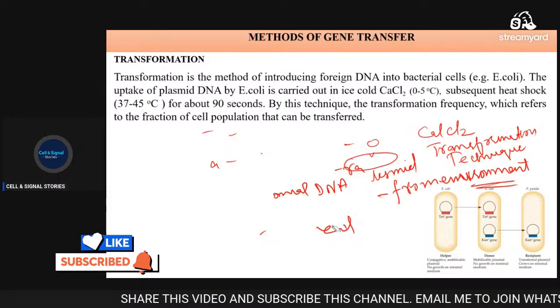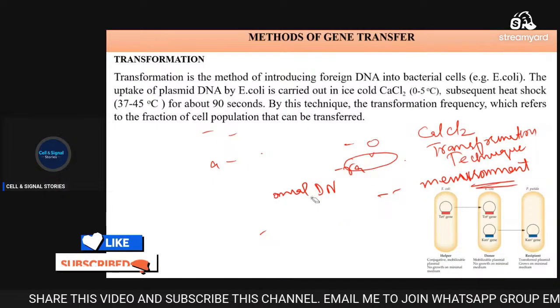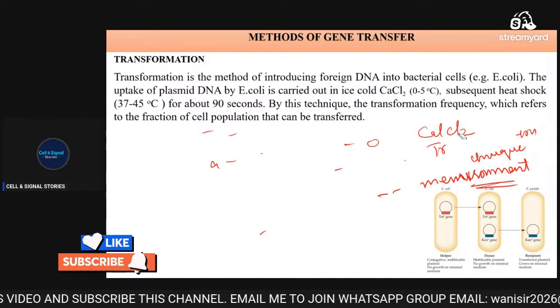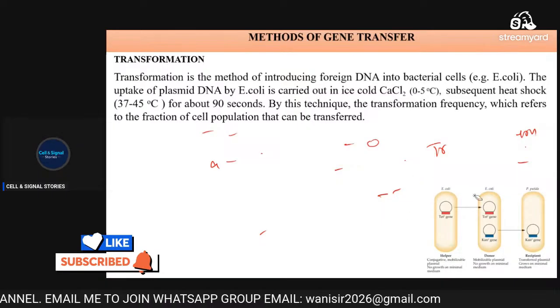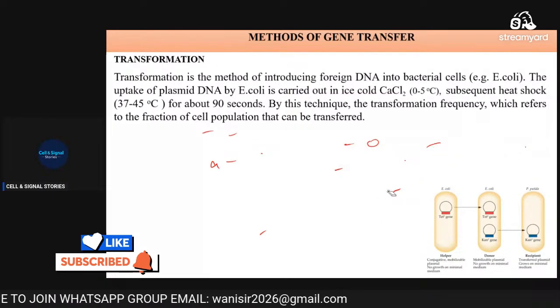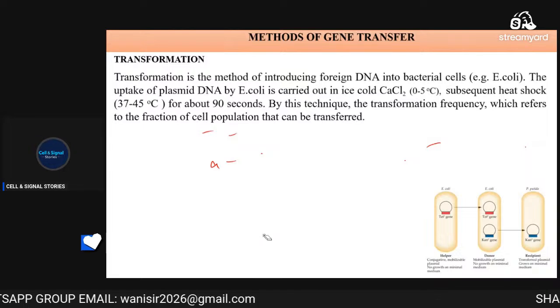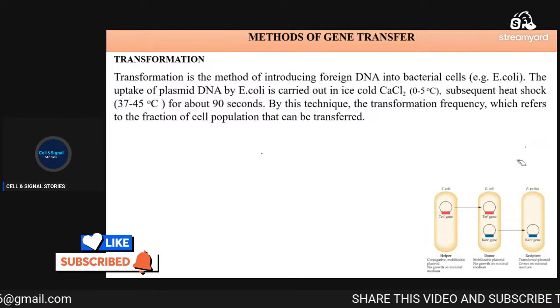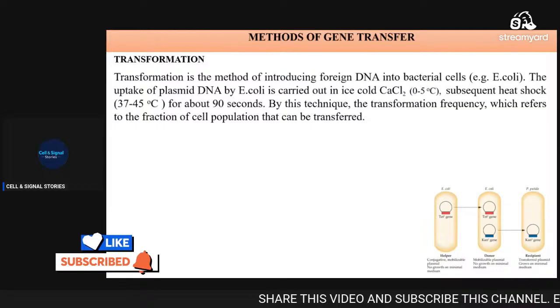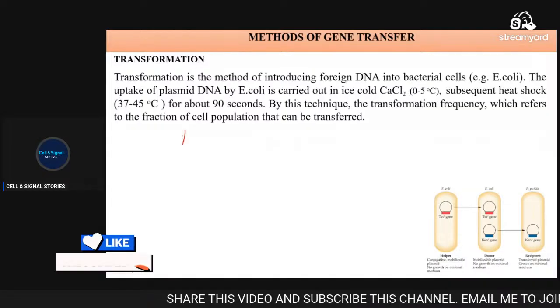Natural competence is the genetic ability of a bacterium to receive DNA from the environment under natural or in vitro conditions. So the bacteria has the natural competence to receive foreign DNA from the environment.